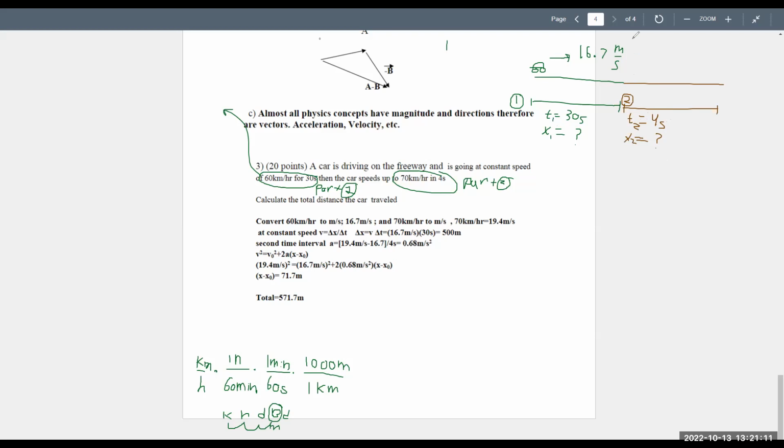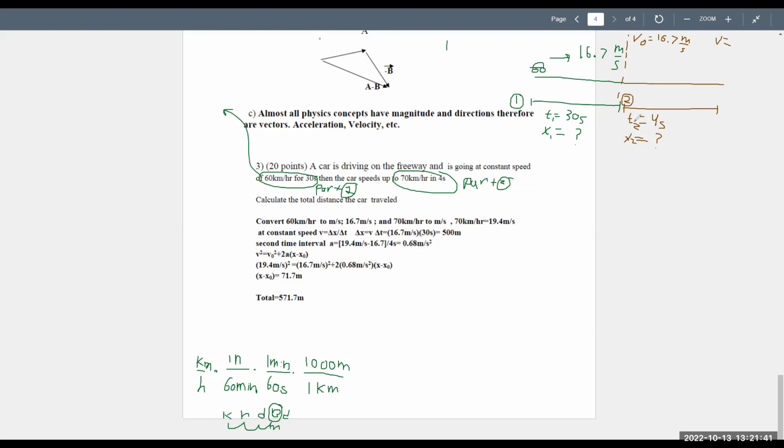Note that for part 2, you have your V naught is equal to the 16.7. But then you have a final velocity, which is given to you here as kilometers per hour, but then you convert using this kilometers to meters and hours to seconds conversion.